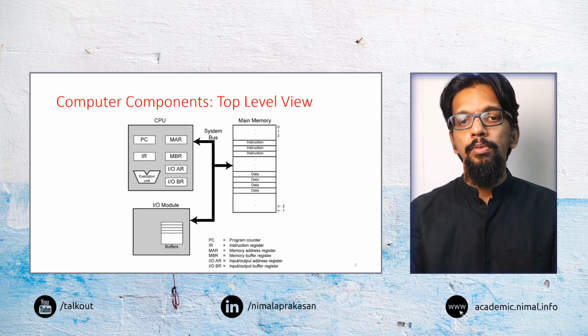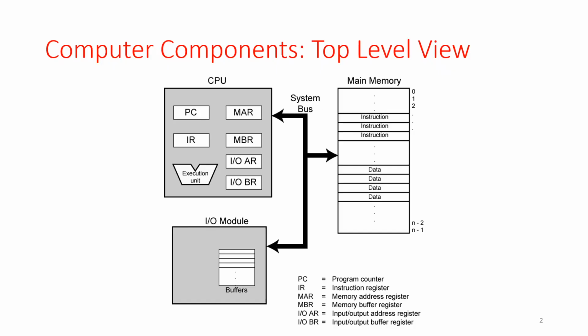So in previous week, we have looked at the key components of a computer system, and identified the three main components as the CPU, the main memory, and the I/O module. The CPU is the one that is going to do the bulk of the computing parts.